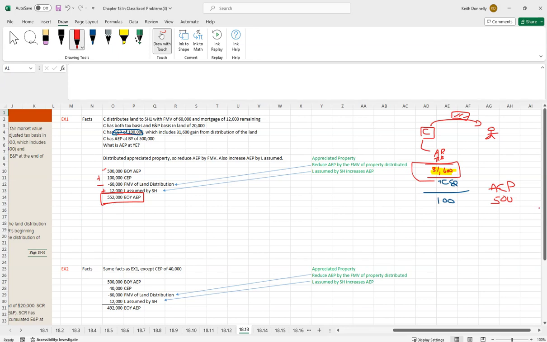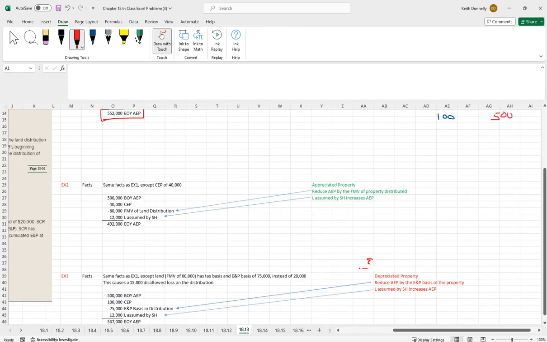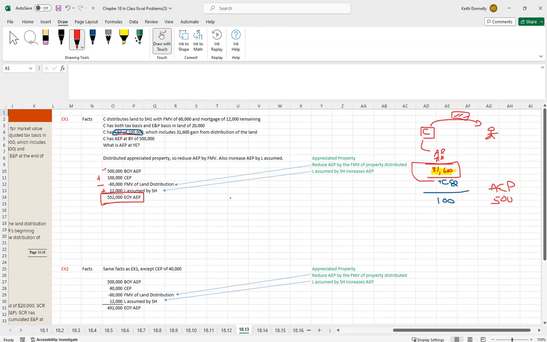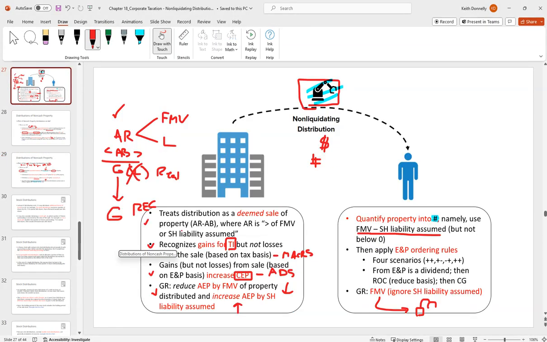Similar framework down there. You can see the exception over here. Not as concerned with the exception. I want you to just understand the framework here. So if we go back to our little cheat sheet, we said AR minus AB is a gain. They only recognize the gain, not the losses. That gain increases taxable income. That gain increases CEP.